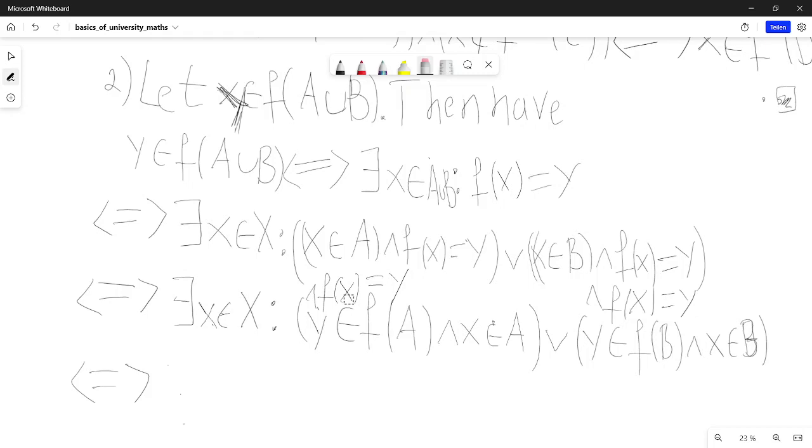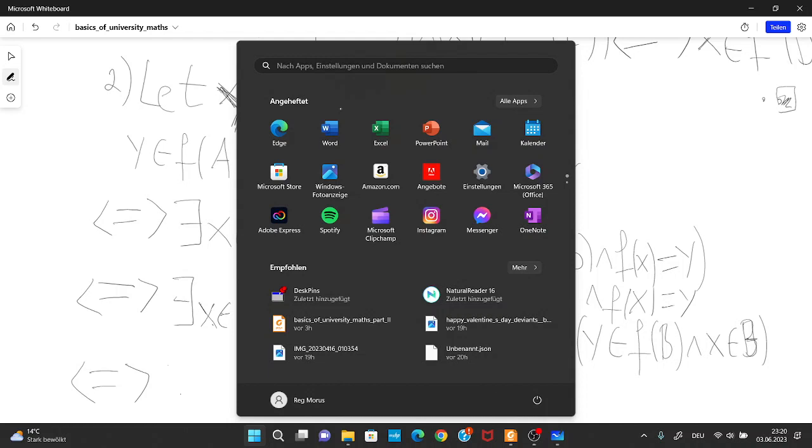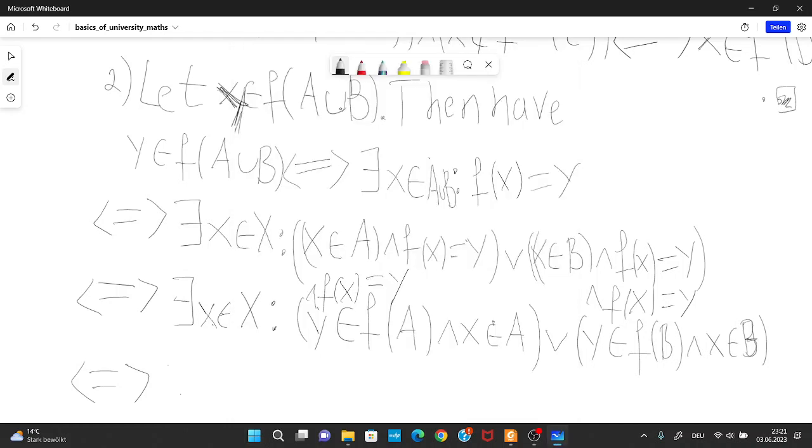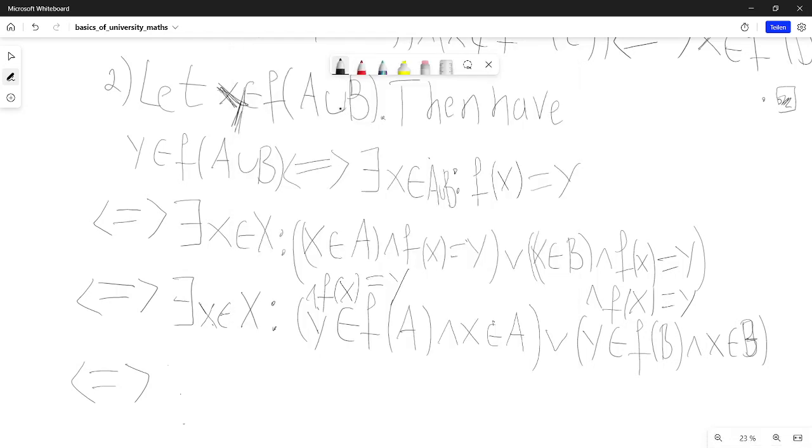It is true that we get that piece of information. We get this piece of information for x.